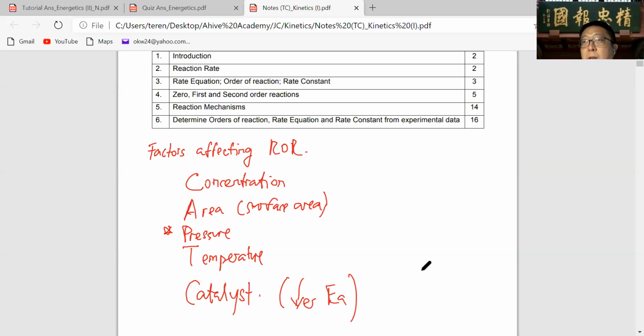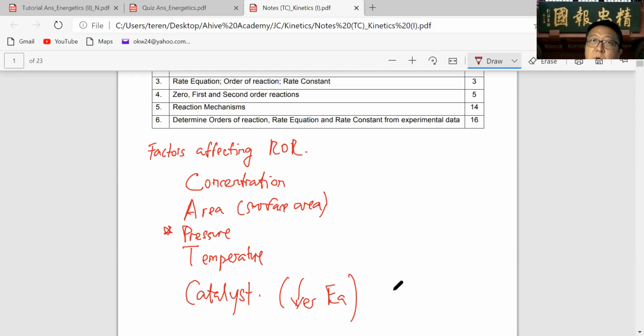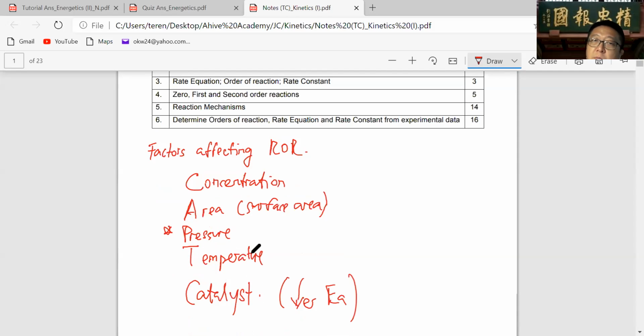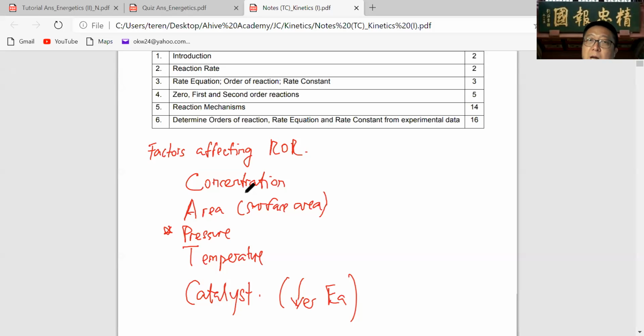Which one is downplayed? Pressure. If you scan through your A-level syllabus, pressure is downplayed because they link pressure and concentration together. Higher pressure means higher concentration because more particles are forced into the chamber, so they say this is the concentration factor. For the time being, just take note. How come pressure is not mentioned at all in your A-level syllabus?